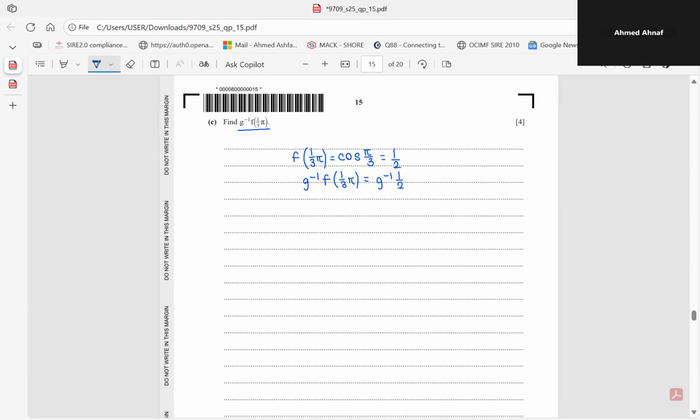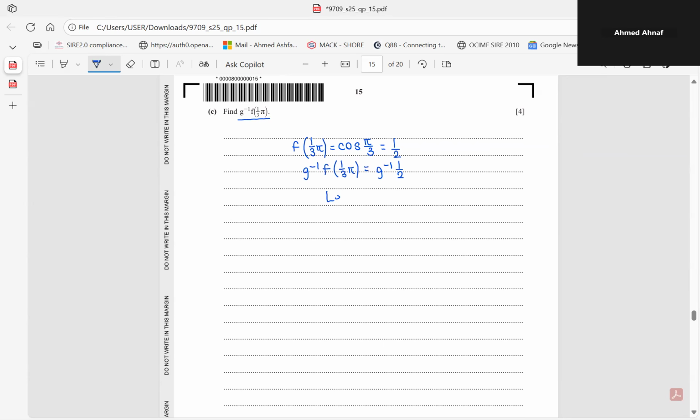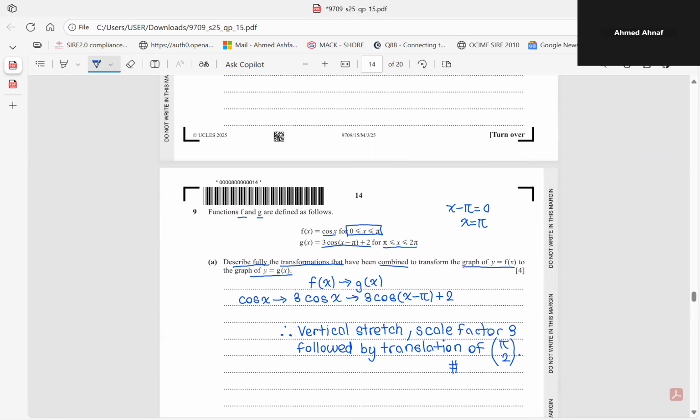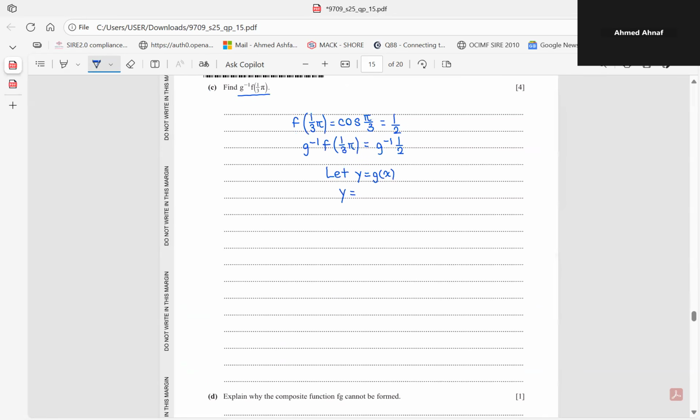To do that, we first need to find out what g inverse is. So we first have to let y equal g(x). So y equals g(x), which is 3 cos(x minus pi) plus 2. Now we're going to swap the x's and y's.